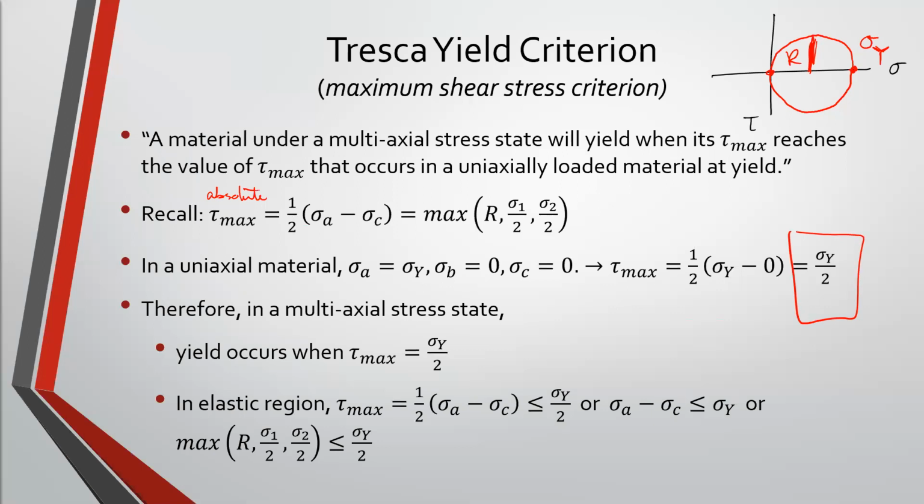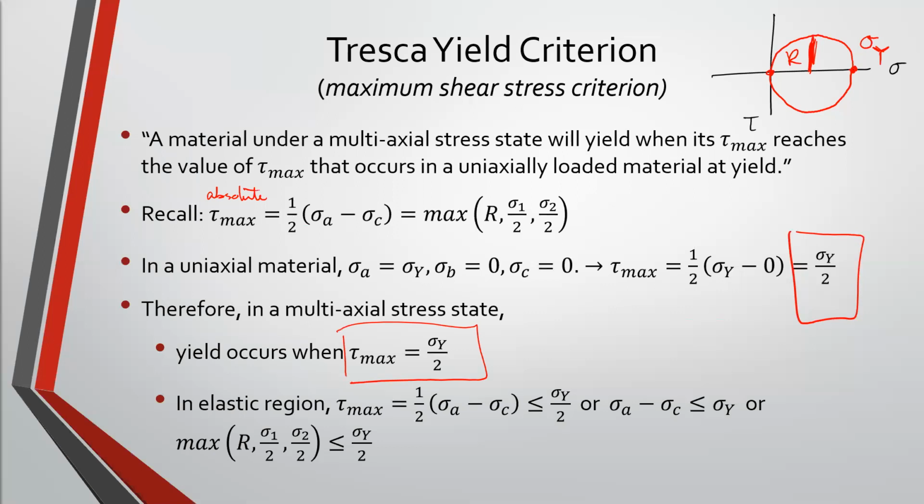Okay. Excellent. So when we have uniaxial loading, the shear stress that occurs at failure is magnitude of sigma y over 2, sigma y being a material property of that material. So this is a constant value. Therefore, when our absolute maximum shear stress equals the magnitude of sigma y over 2 for any loading, we say it's yielded.